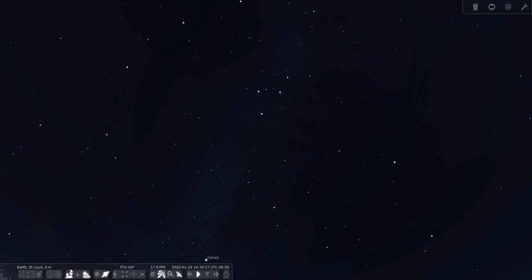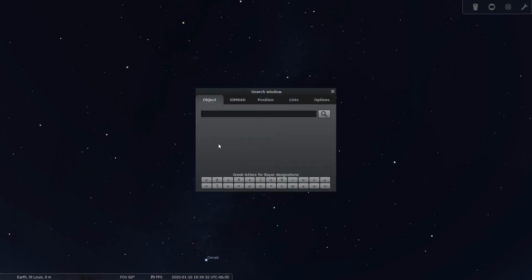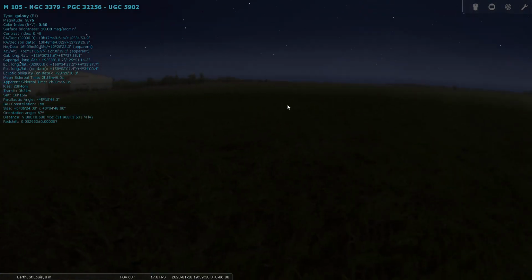Okay, let's continue our search for open cluster M105. Oh, M105 is below the horizon, so there must be a mistake on my star chart.